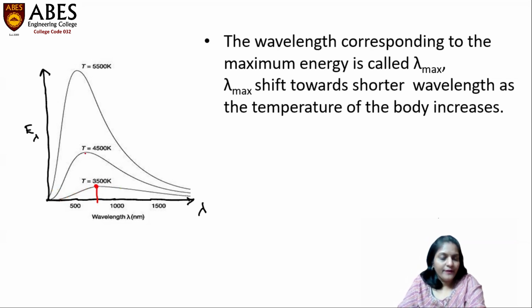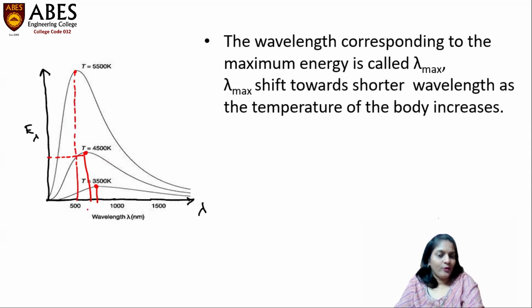At 4500 Kelvin, the maximum energy density emitted by the black body is this one, and the corresponding wavelength is lambda max, which is around 600 nanometer. At the temperature 5500 Kelvin, the maximum energy density is around here, and the corresponding wavelength, lambda max, is around 500 nanometer.